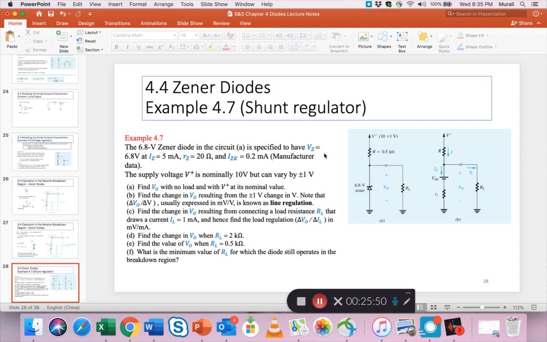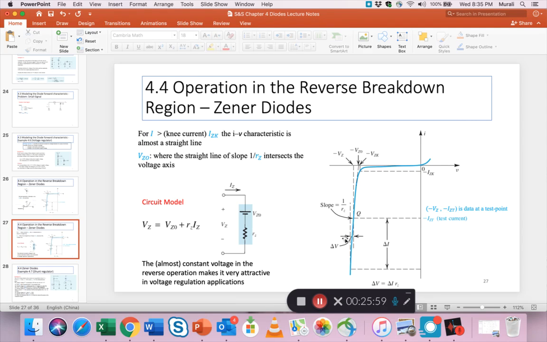Also given, IZ is 5 milliamps and RZ is 20 ohms.